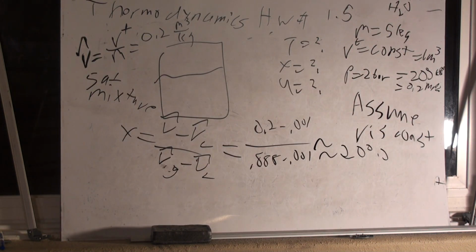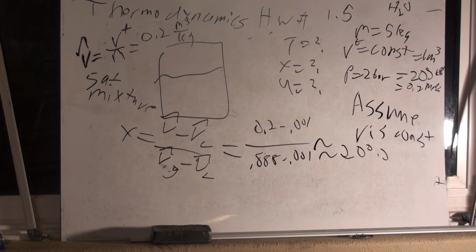Okay, so it's about 20%. That's my X. All right. Well, I need my temperature. I'm only given one temperature. Exactly. There isn't a liquid and a vapor temperature. They're the same because I'm at equilibrium. Specifically, what kind of equilibrium am I at?